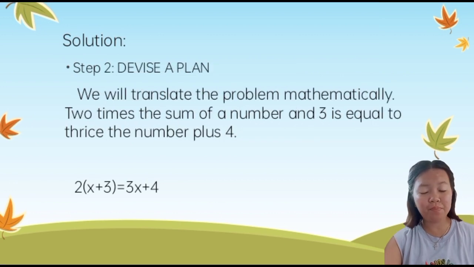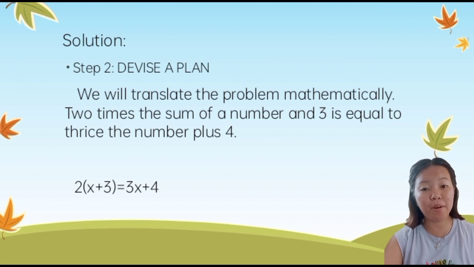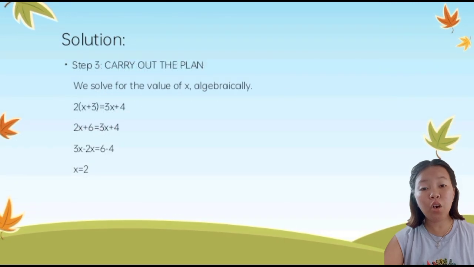Step 2, devise a plan. We will translate the problem mathematically. 2 times the sum of a number and 3 is equal to thrice the number plus 4. So, step 3, carry out the plan.